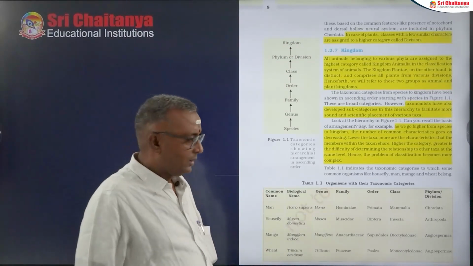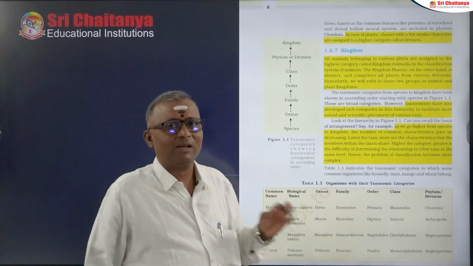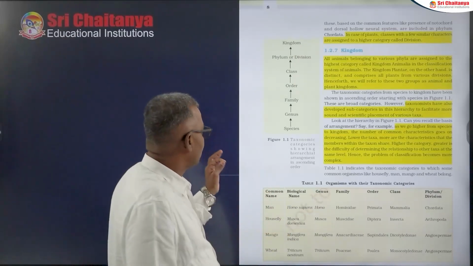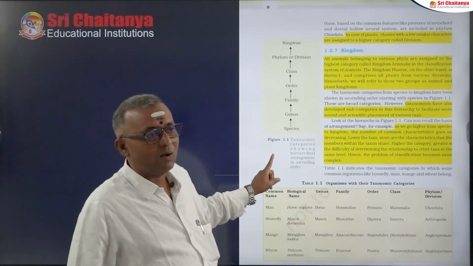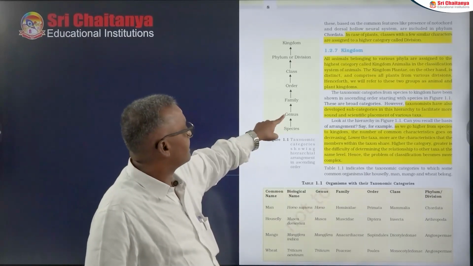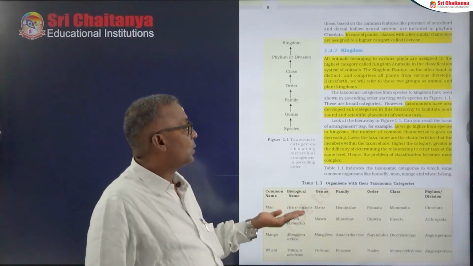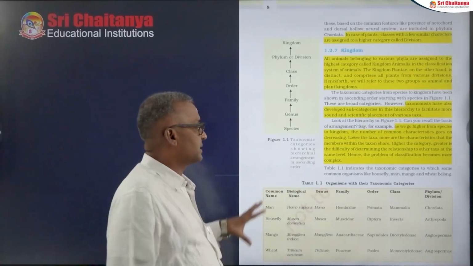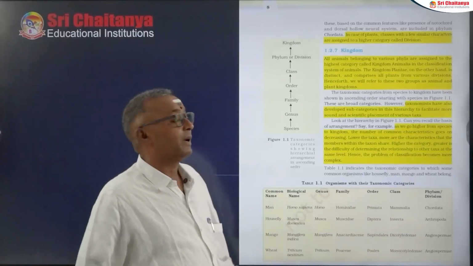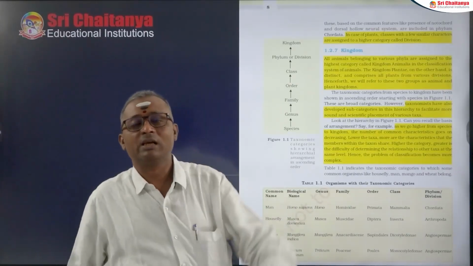Now the most important thing that you must remember here is that scientists have also divided these categories into subcategories to make this whole process of classification sound and more scientific.